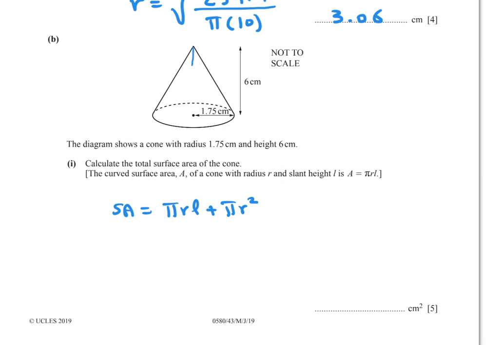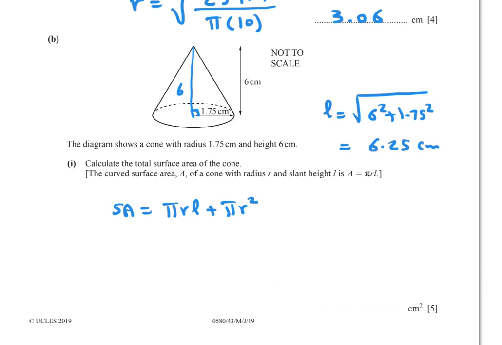we have the perpendicular height 6 and the radius 1.75. Now from Pythagoras we can find the slant height. So l equals square root of 6 squared plus 1.75 squared equals 6.25 centimeter.